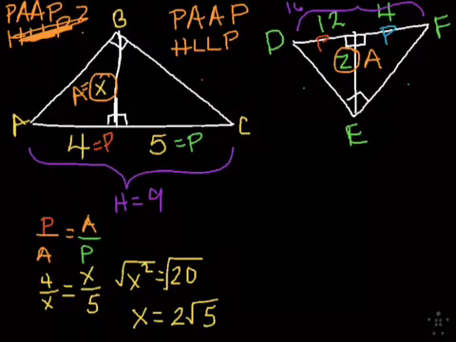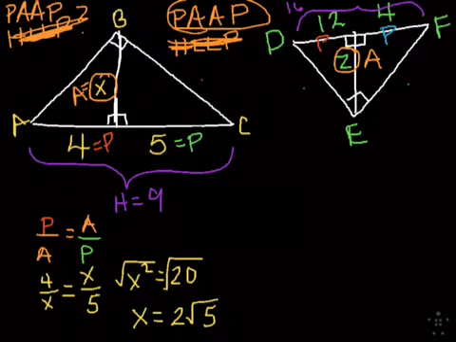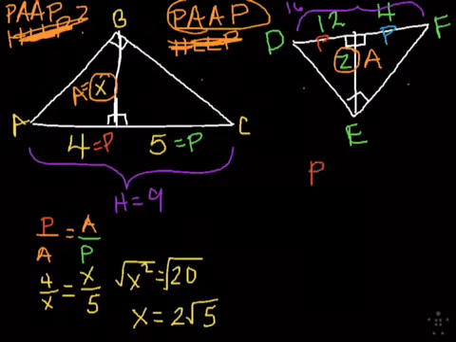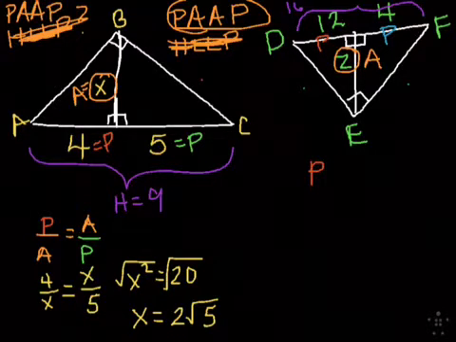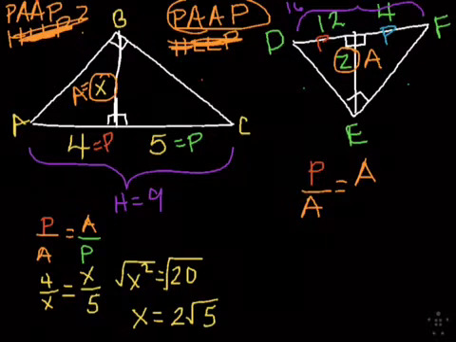Well, I had the hypotenuse, but I don't have legs, so it can't be this one. It has to be this one. So I'm going to set it up. The red part divided by the altitude, that ratio, equals the altitude over the part.